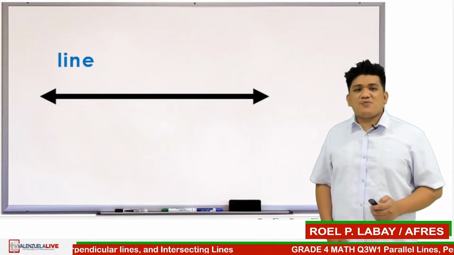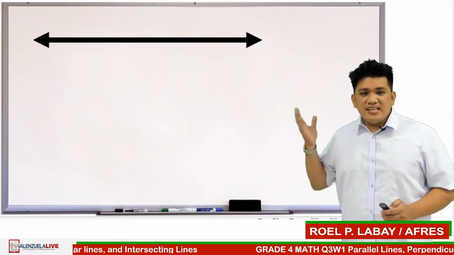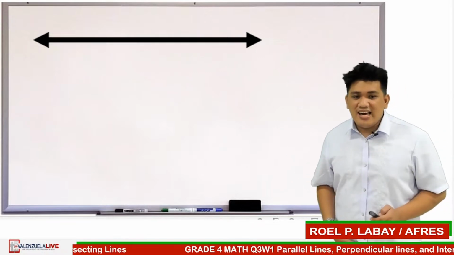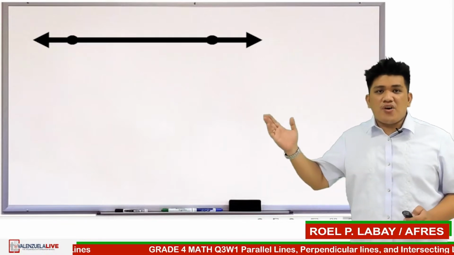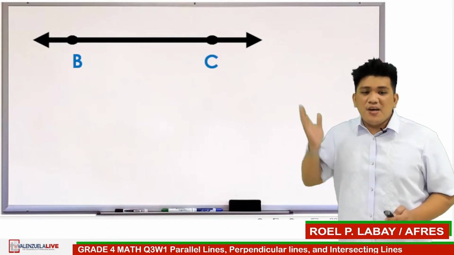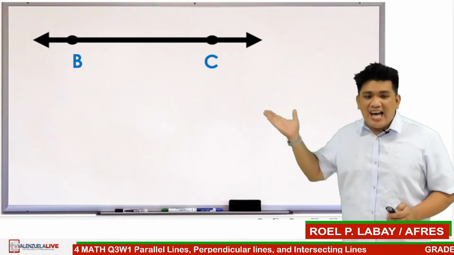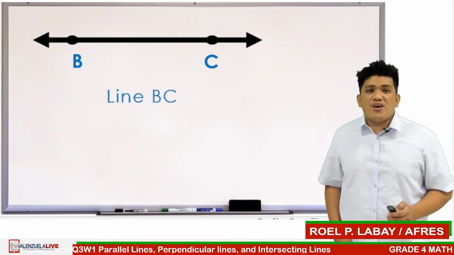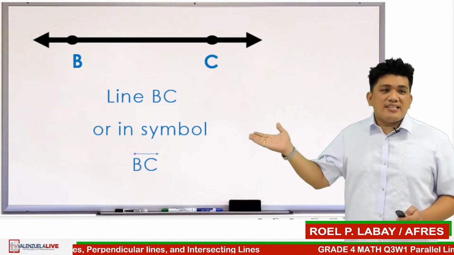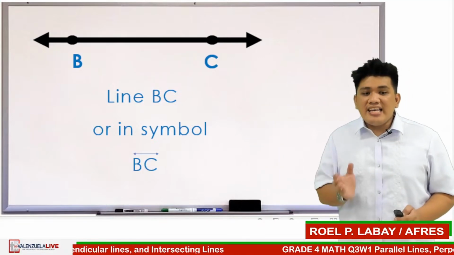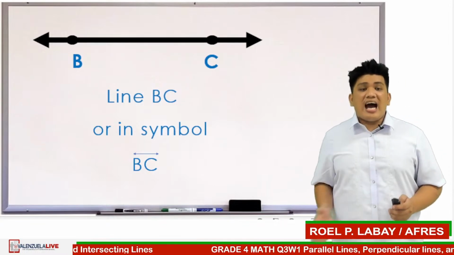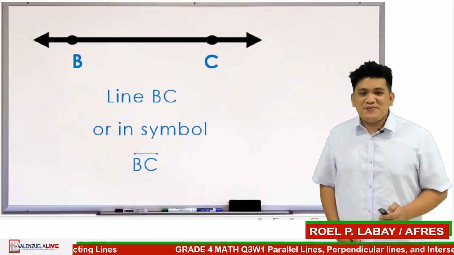How about this next figure? Very good. We use two distinct points to name a line. We can see that one distinct point is point B and another one is point C. This is line BC, or in this symbol, a line with two arrows in both directions over the letters B and C, it also reads as line BC.